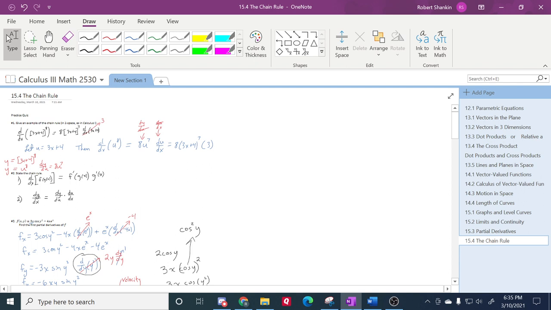But we could have picked them differently. With any intermediate function, the relationship would still hold true: dy du times du dx gives you dy dx. Even if you can't compute what dy du is, and even if you can't compute what du dx is, it still holds true.